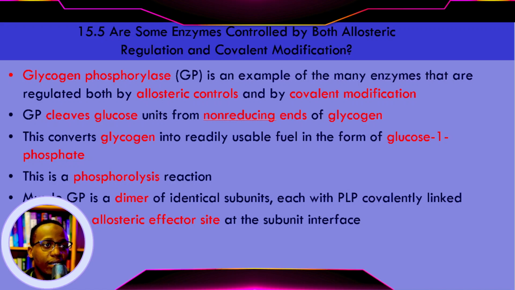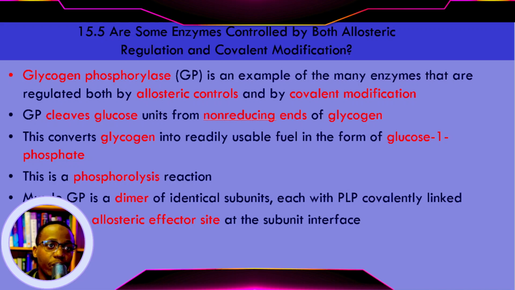And its role, as we just said, is that it cleaves glucose units from the non-reducing end of glycogen. So remember when we talked about glycogen and glucose, we talked about reducing and non-reducing ends. So it removes glucose from non-reducing ends, and it converts glycogen, takes the glucose molecule and turns it into a readily usable fuel in the form of glucose 1 phosphate.